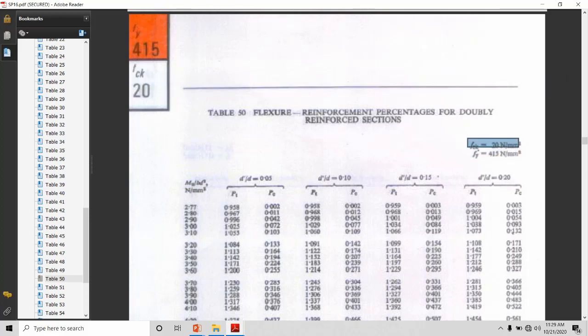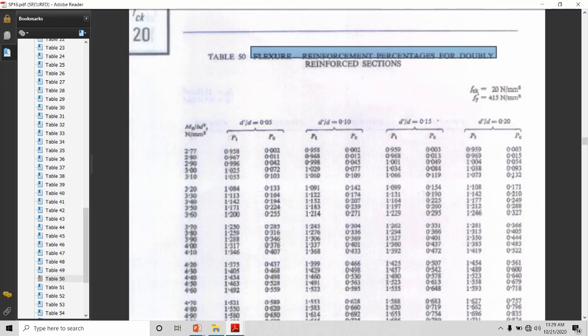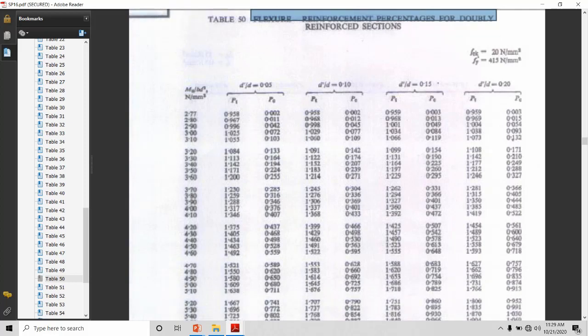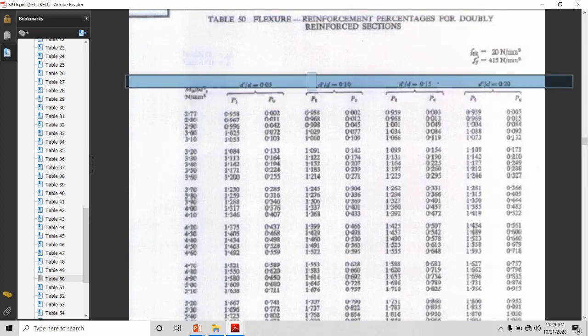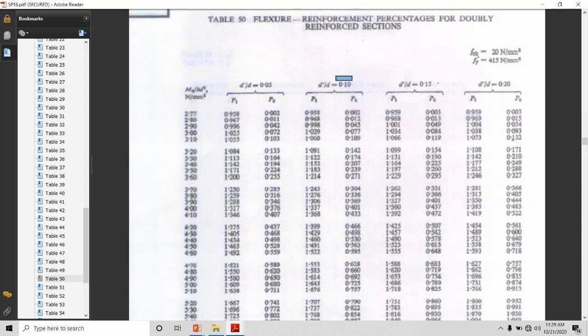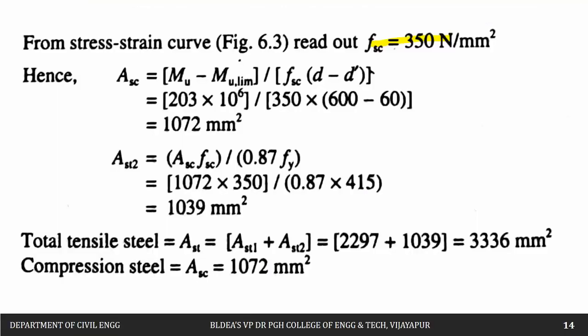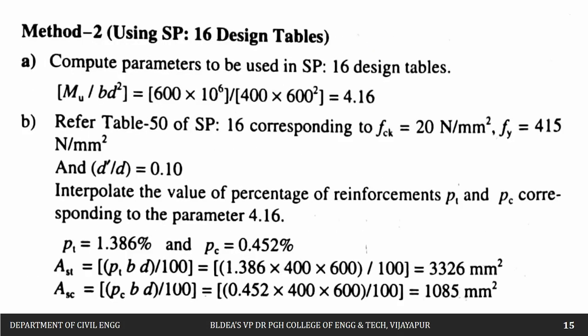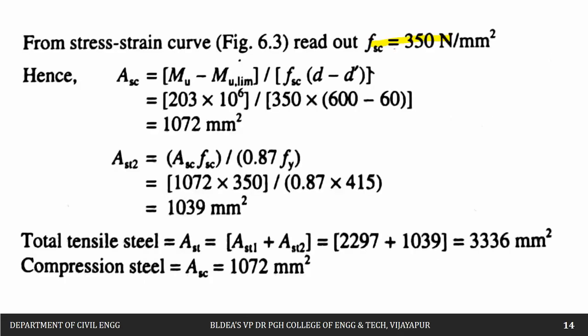At the top also it is given, for flexure, the reinforcement percentage for a doubly reinforced section. We are designing a doubly reinforced section, so we can refer to this table also. First we have to calculate the D dash by D ratio, that is effective cover divided by effective depth, which will be equal to 0.1.